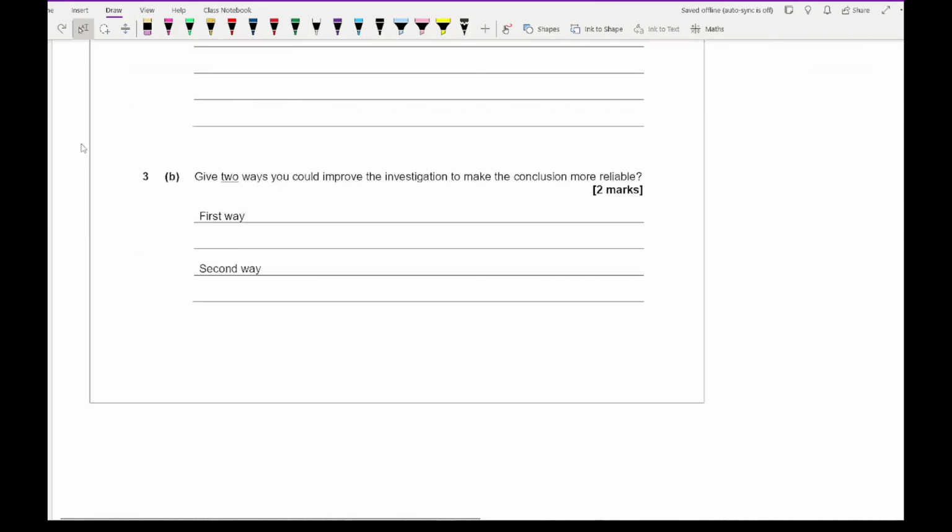Question 3b, it says give 2 ways in which you can improve your investigation to make the conclusion more reliable. Now, the first and obvious way, which is always going to be a way you could improve a statistical test, is to increase the sample size. In other words, look at more results.